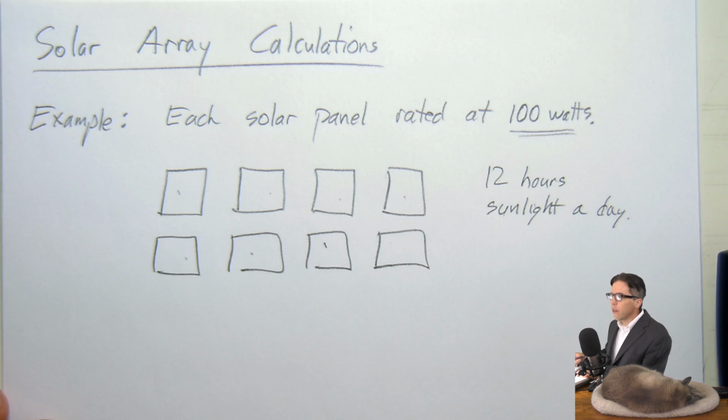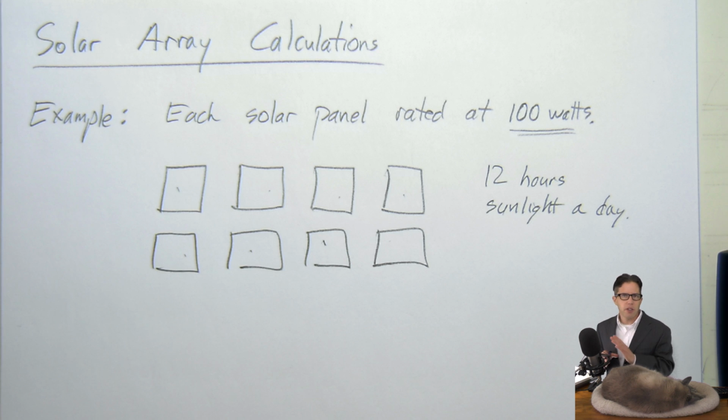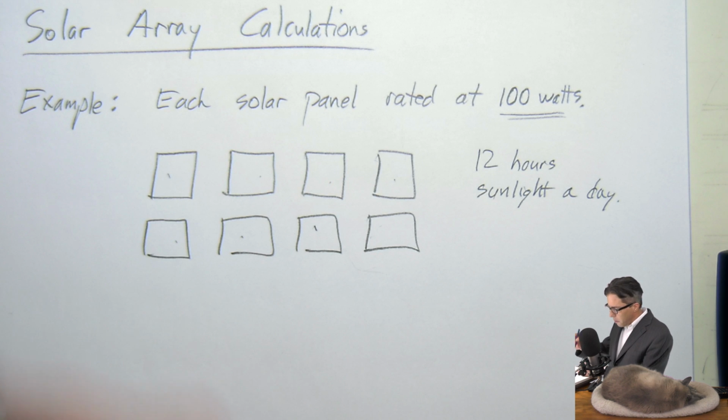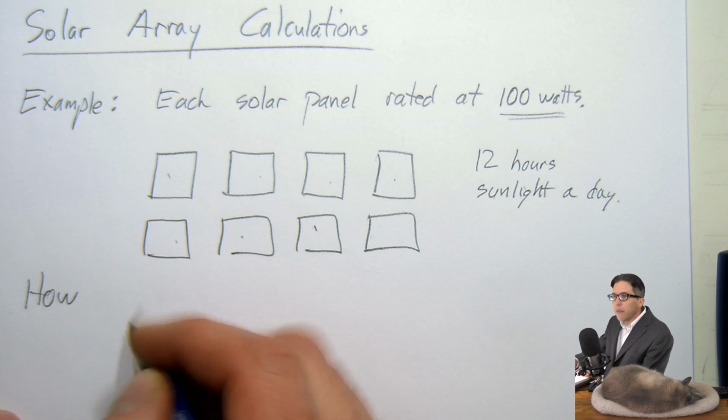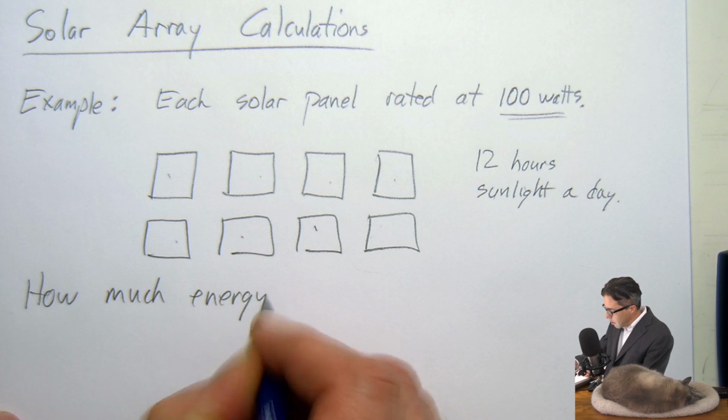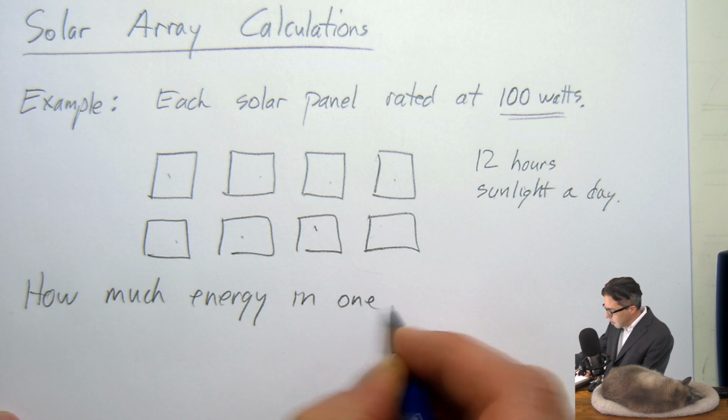For simplicity, let's imagine it's 12 hours all throughout the year. And we're going to assume that we're in direct sunlight so that each one of these is getting the full 100 watts. So my question might be, how much energy do I generate in a year?